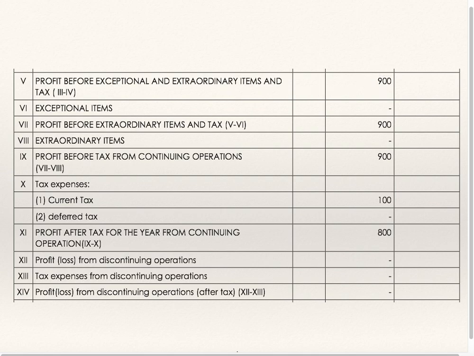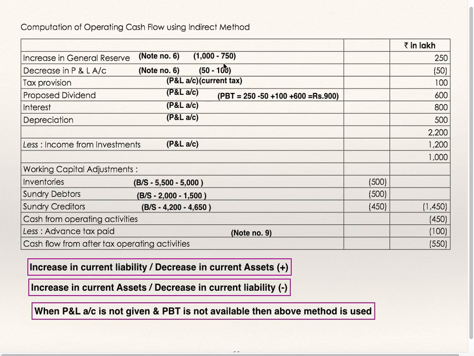Or one more method is given when the profit and loss account is not given. In that case, you use this method: change in general reserve, that is increase in general reserve, closing balance minus opening balance, 250.